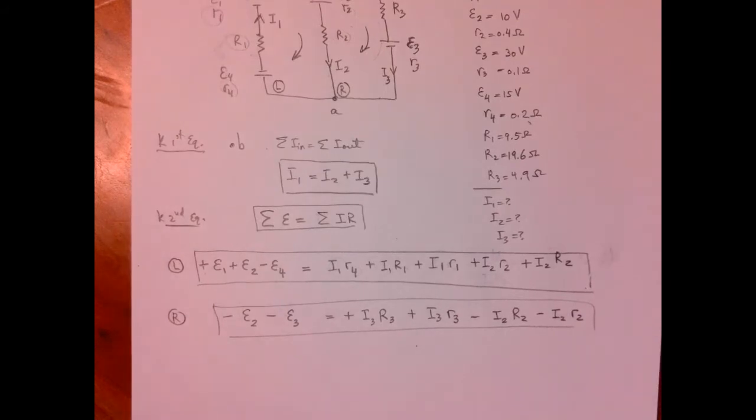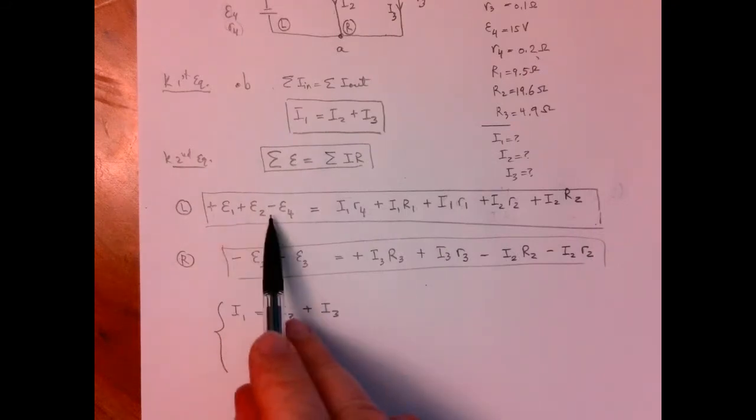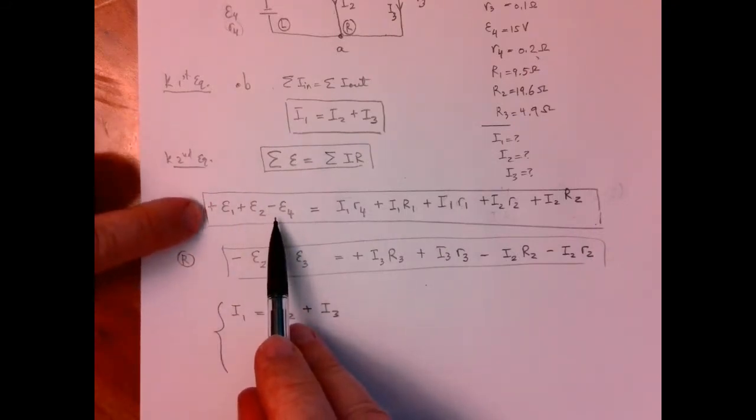And although it looks complicated, I know a lot of numbers, so I'm rewriting this as a system of equations. I1 equals I2 plus I3 is the first equation, and then I have this, and I know all the numbers.